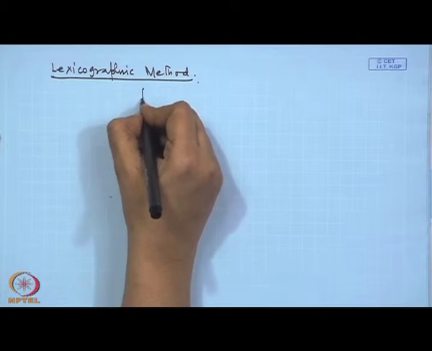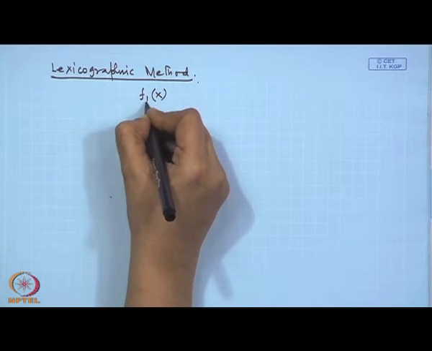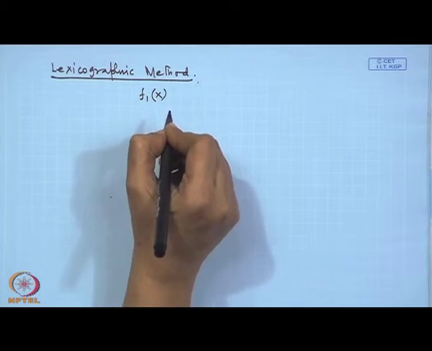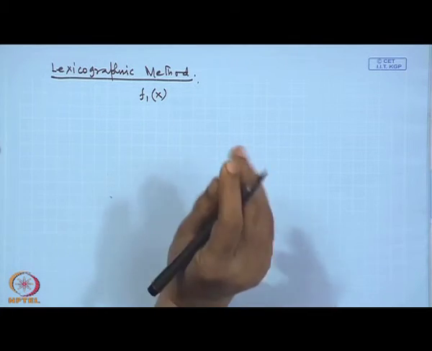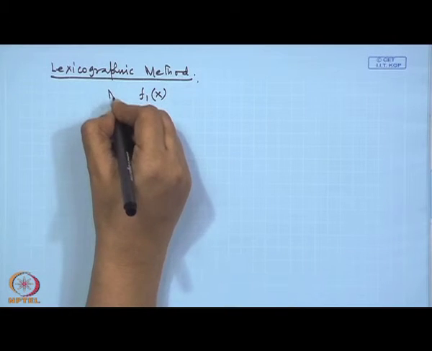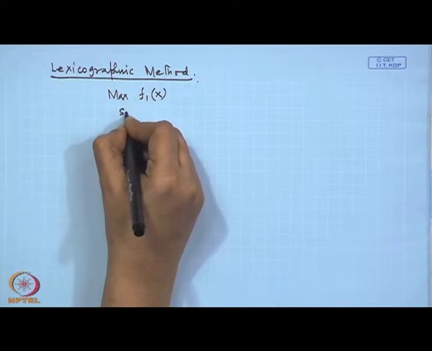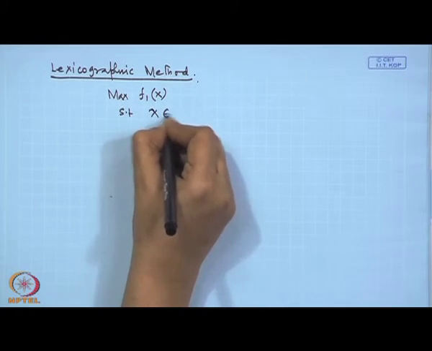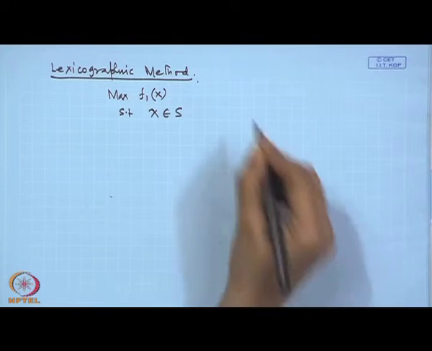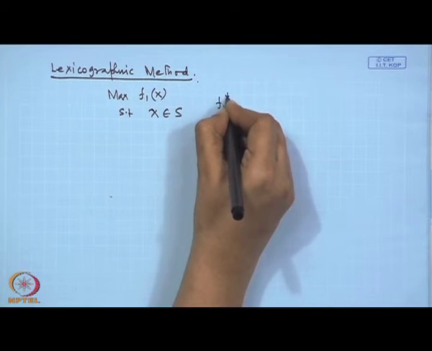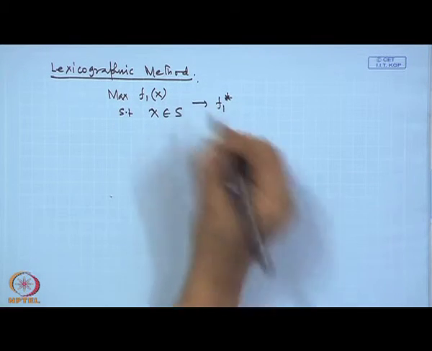Let me call f1 the objective function which has the highest importance to the decision maker. In the lexicographic method, we consider that objective function first, we maximize it subject to the set of constraints, and we get the optimal solution from this.